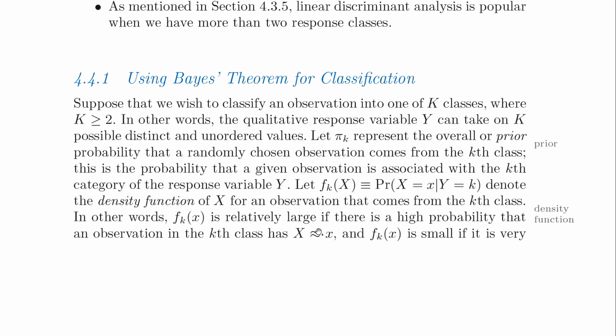It's probably not too difficult, but it's a bit abstract right now. We're just saying all these x's and y's. f k of x is relatively large if there's a high probability that a patient in the seizure class has these characteristics.